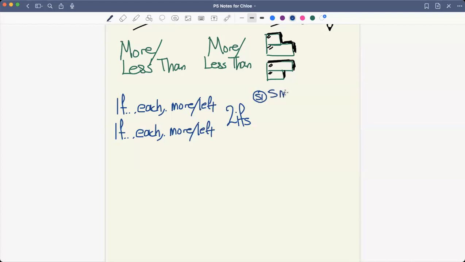Step 1, your small difference, and that's your minus. Then your step 2, total needed. Then your step 3, step 2 over step 1.